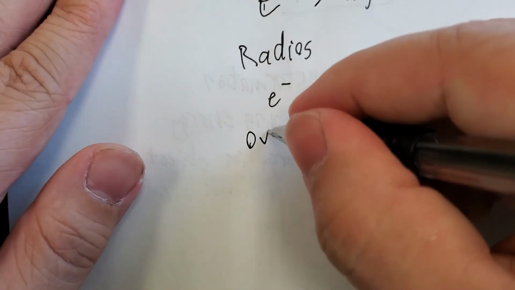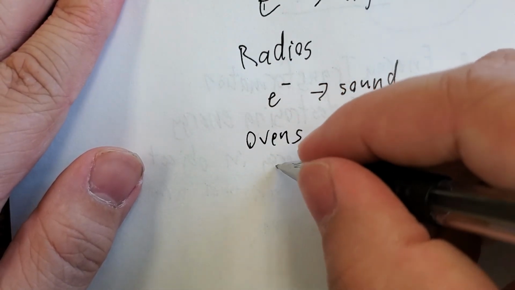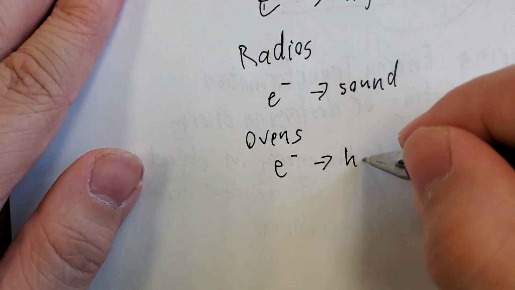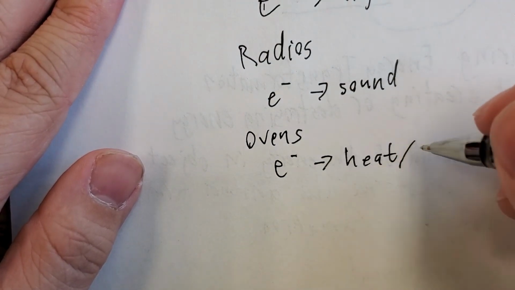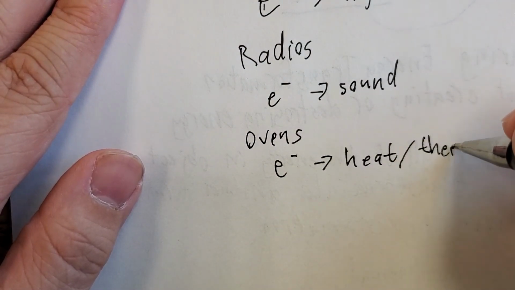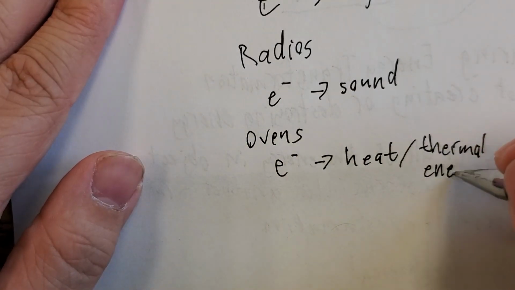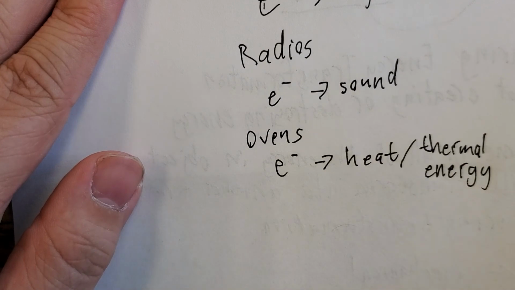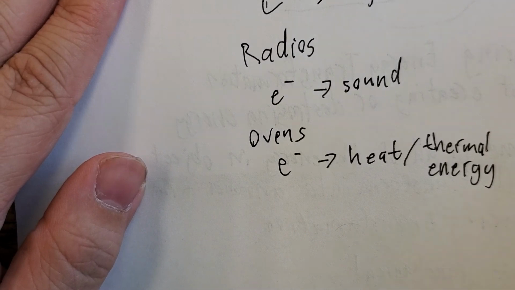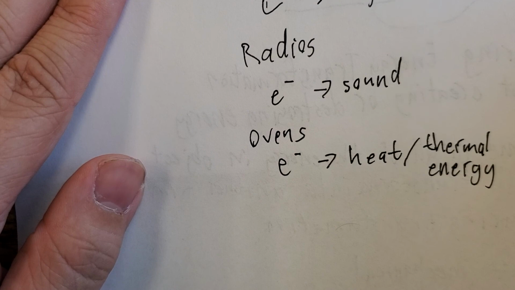And in the house, we have ovens, and this turns the electrical into heat or thermal energy. So yeah, lots of different ways to transform, right? And that's really the trick, to take a type of energy that maybe we don't need as much and be able to convert it into something that's actually more useful for us.